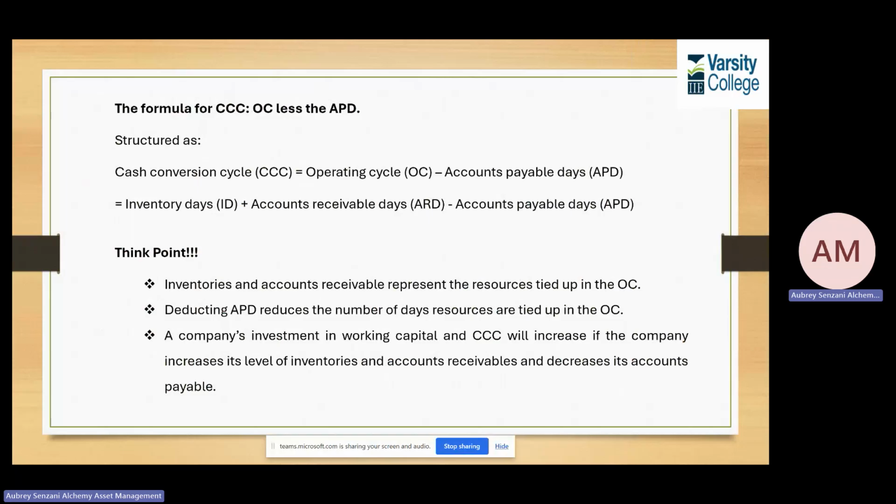Why do we say that? What do we want at the end of the day as a business? Profit. In other words, we want to make money.